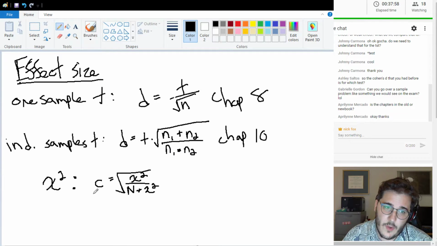And then for chi-square, the effect size is c, and it's the square root of chi-square divided by n plus chi-square. And remember, the chi-square is just the statistic that you calculate. You don't have to square anything. It's just the number that you already have. So that's just to clarify for you, Ashley. And for me too, because I could have sworn, I was like, t over square root of n is something. So there you go.